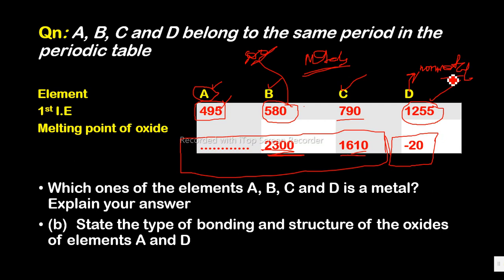So which one of the elements A, B, C, and D is a metal? Explain your answer. Which of them are metals?